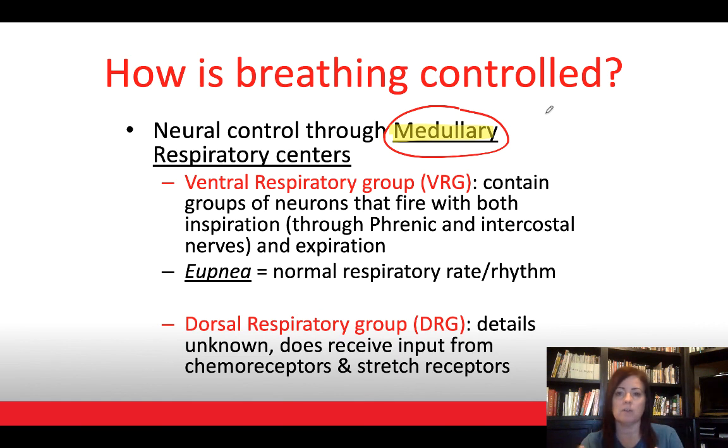This is just another basic bodily function that's controlled by the medulla. So just add that to it. I don't think we're going to worry too much about the respiratory groups. Let's just keep it big picture. Breathing's controlled in the medulla. And I think we'll probably wrap up respiratory system with that.